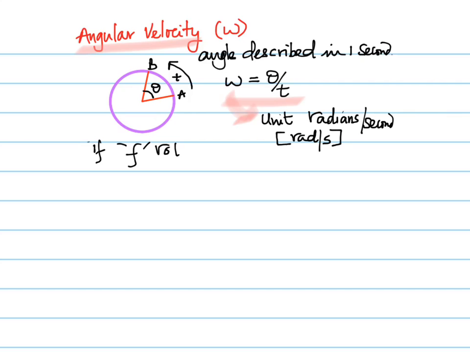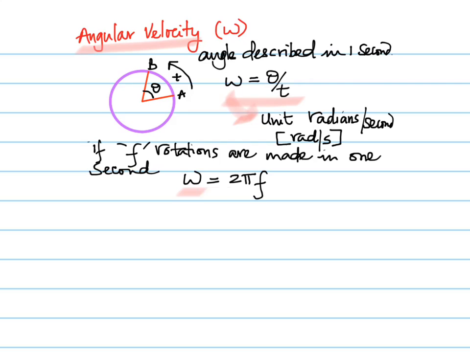Then the total angle is 8 pi. So you see a formula that comes up. Omega is 2 pi times F. Very important formula. Angular velocity is 2 pi times the frequency. So if F rotations are made in 1 second, omega is 2 pi times F. F is the frequency. It has to be in 1 second.